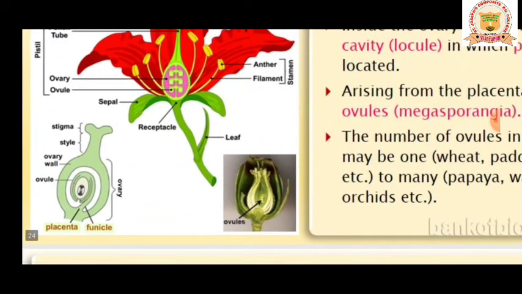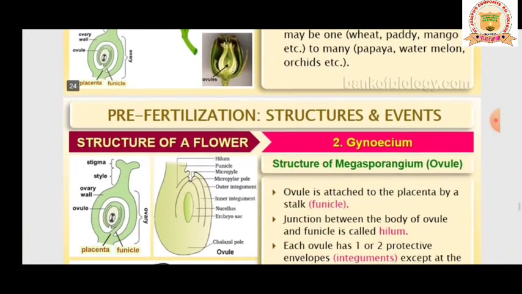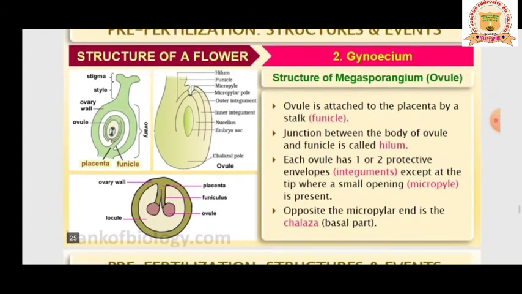Here you can see the ovary clearly. The ovary consists of a placenta, a funicle, the ovule, the ovary wall, and the style. Coming to the next slide, the structure of the megasporangium.